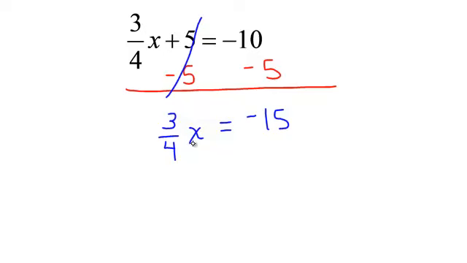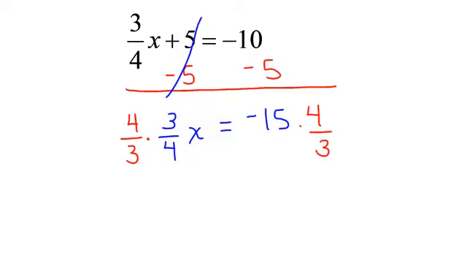I am down to just the variable being multiplied by this fraction. So x is being multiplied by 3/4. I am supposed to divide by 3/4. But I know that is the same thing as multiplying by the reciprocal. But if I multiply the left side by 4/3, I have to multiply the right side by 4/3.